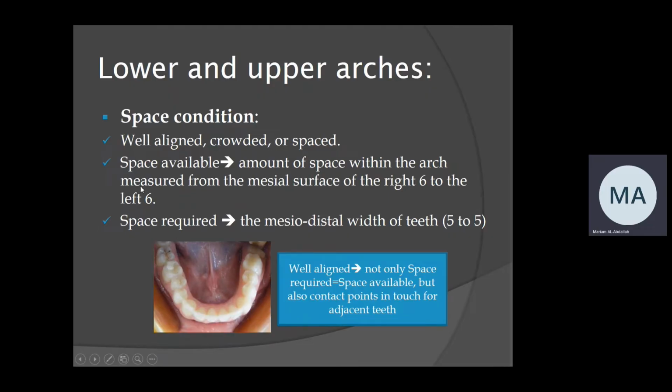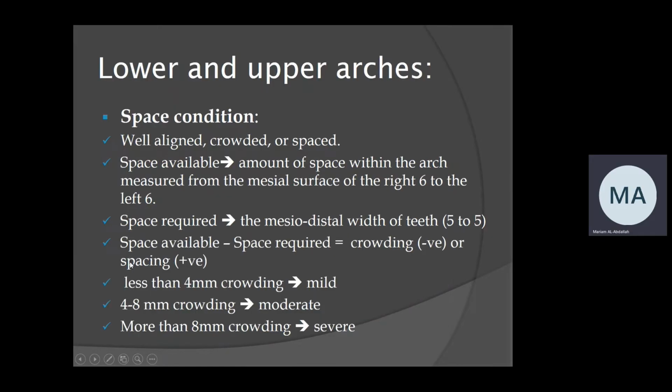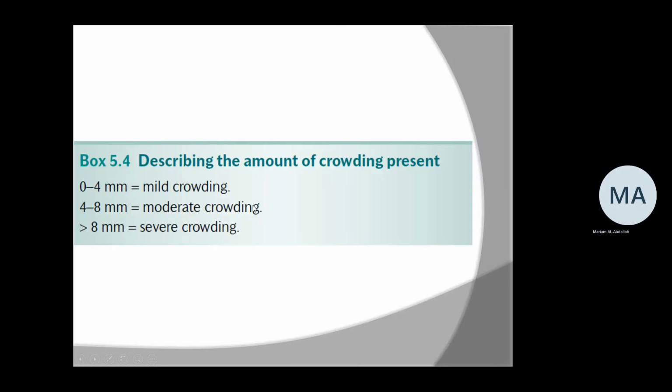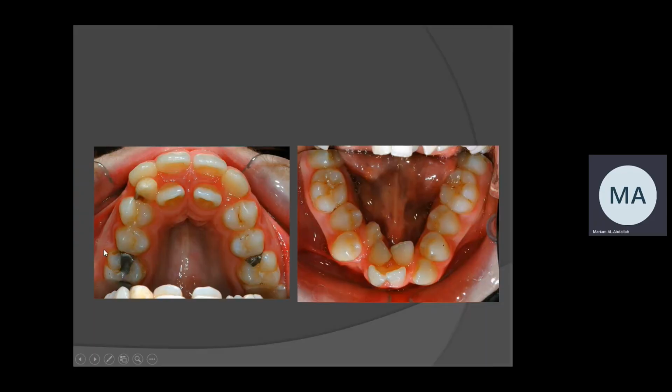So if I have more space available than space required, that means I will be having spacing. If I have more space required than space available, that means we're going to be having crowding. As a general rule, crowding is classified into mild if it's up to 4 millimeters of crowding, moderate if it's 4 to 8 millimeters of crowding, and severe if it's more than 8 millimeters of crowding.